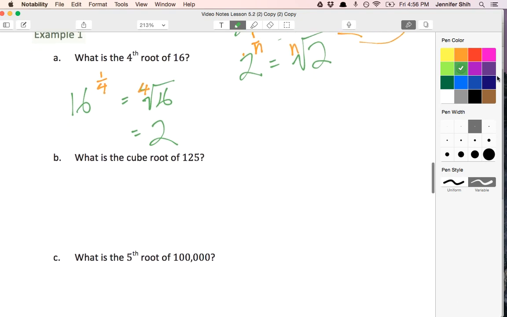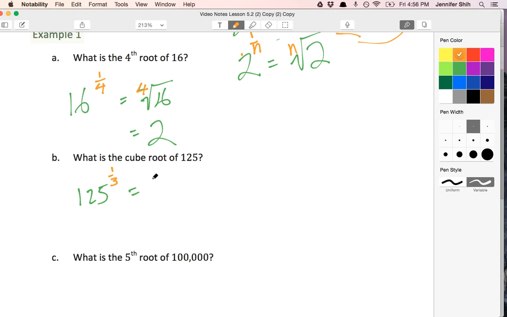So what is the cube root of 125? Cube means 3. So the cube root, which is also written like this, and we know that's equal to 5 times 5 times 5, or just 5.